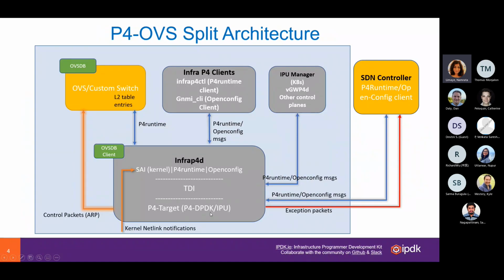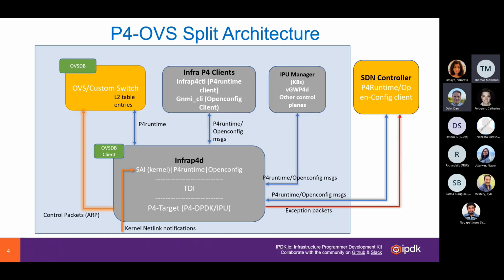And here I have listed DPDK/IPU. We also have Tofino, and basically we can add any target that supports TDI. Okay, is IPU a real target, or is it just a generic name to say any hardware? We have been working on Intel IPU to start with, and that's what the IPU here means.